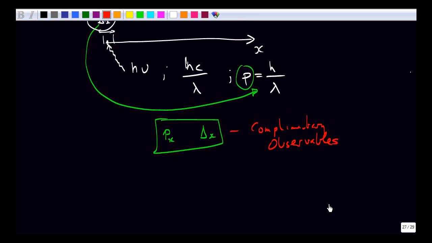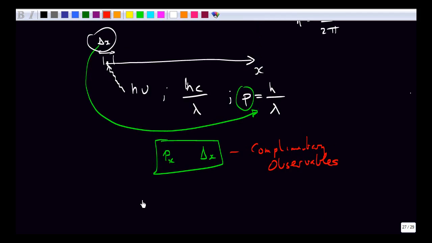So again, taking our simple system up here a bit further, we could say, let's put a different color in, delta x is approximately equal to lambda, and similarly delta p sub x is approximately equal to h over lambda.